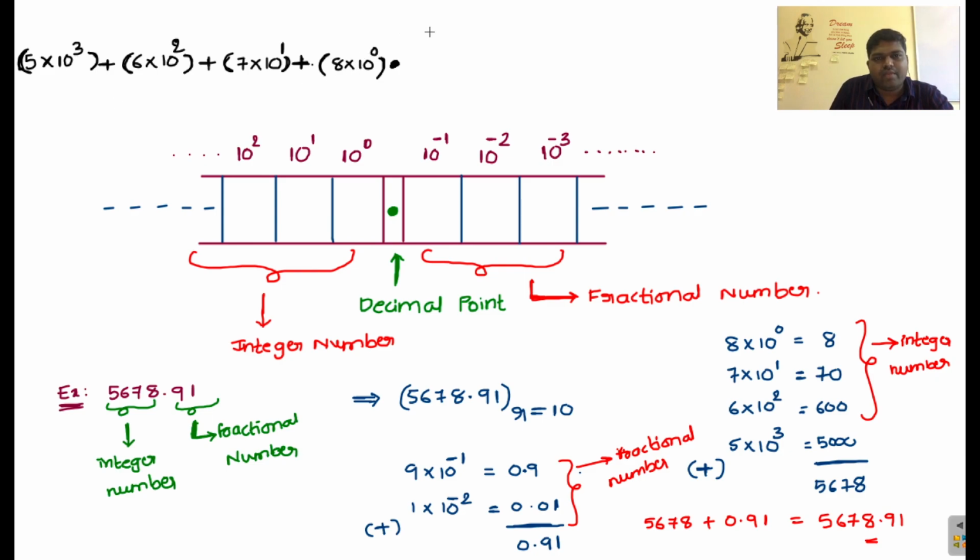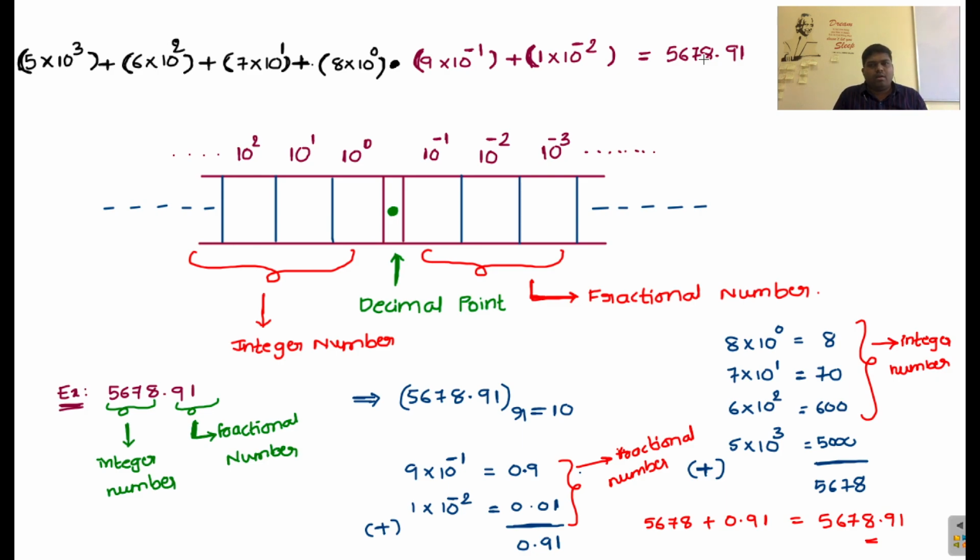Next we take the fractional portion, which has only two digits: 9 into 10 power minus 1 plus 1 into 10 power minus 2. If you calculate this entire thing, you will get 5678.91. So like that you can solve any decimal number system.